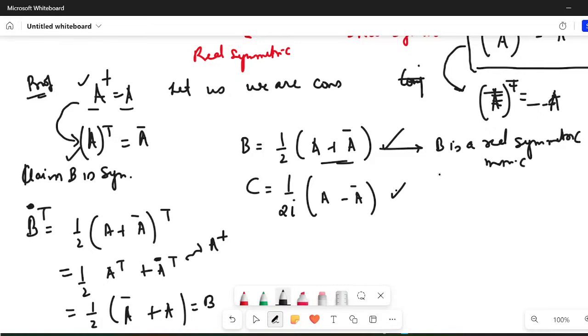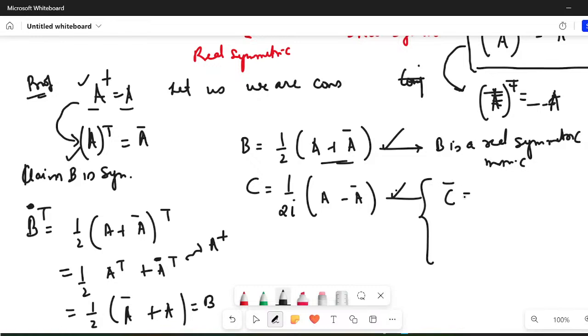Now what is my C? The first thing that you must be worrying about is that I have written 1 upon 2 iota here and probably it may not be real. So let us first conclude whether C is a real matrix or not. For this, try to take the conjugate of it.